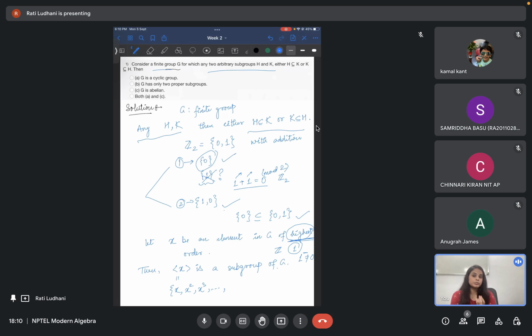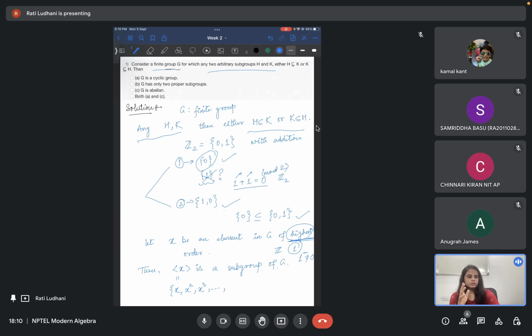Consider a finite group G. In infinite terms we might not be able to say highest, but in the finite case we always can. Why? Because if the group is finite, there cannot be an element whose order is infinite. If the order is infinite, that means you have infinitely many elements in group G.